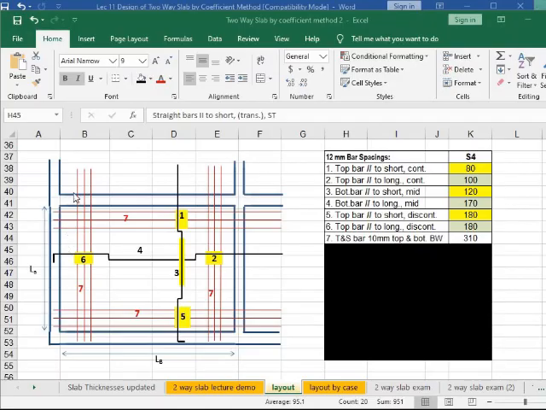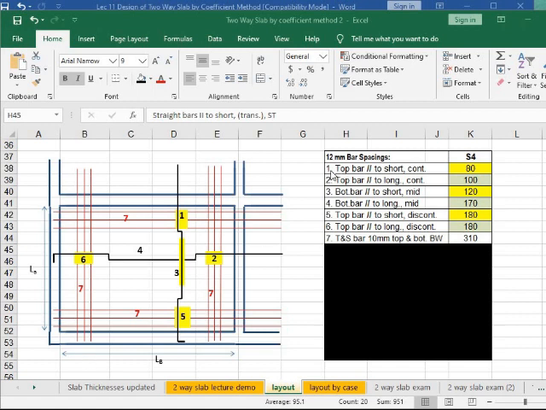And then, this is the figure. Remember that L sub A is the unsupported short dimension, and L sub B is the unsupported longer dimension.